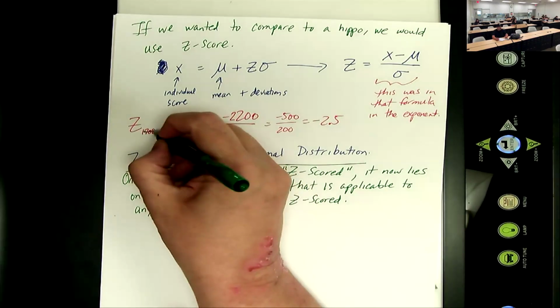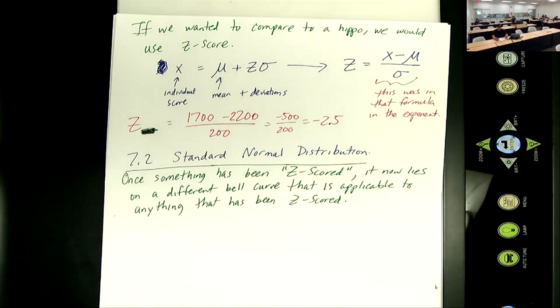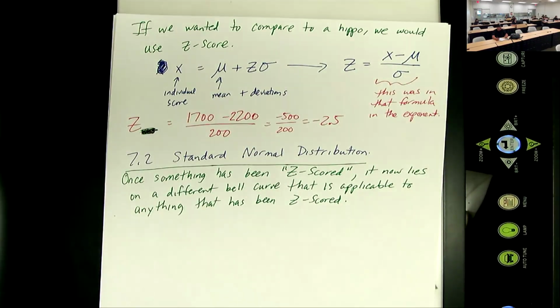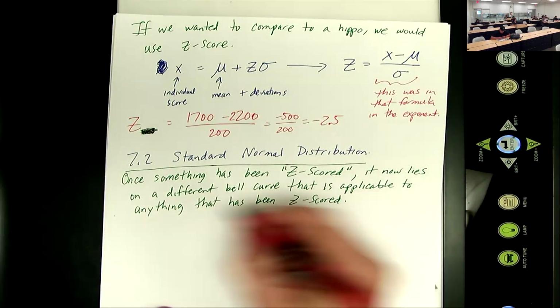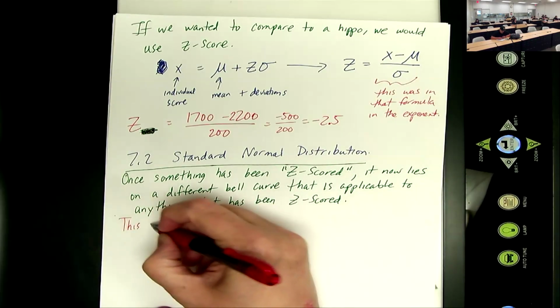I'm gonna get rid of that 1700 under there. When we have a number underneath it, it actually means something, and it doesn't mean what I wrote. On the Z-score distribution though, this is called the standard normal distribution. This new bell curve is the standard normal distribution.